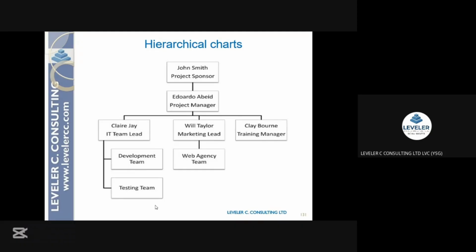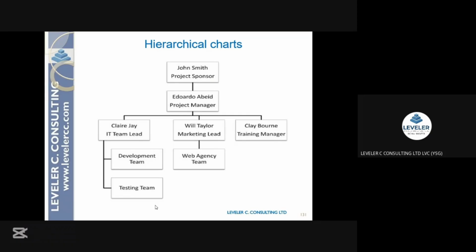Taylor is reporting to Eduardo. Taylor is a marketing lead. Clay is reporting to Eduardo. Clay is a training manager. And when you look under Claire, the IT team lead, there are 2 other teams reporting to her. The development team reports to Claire.